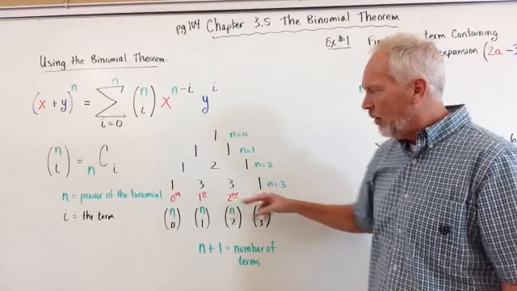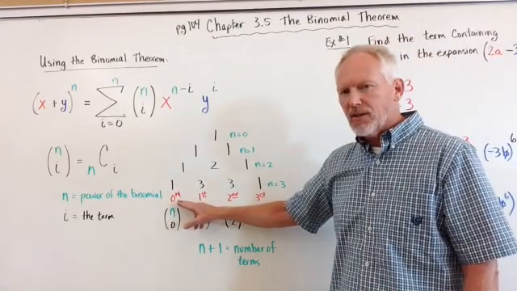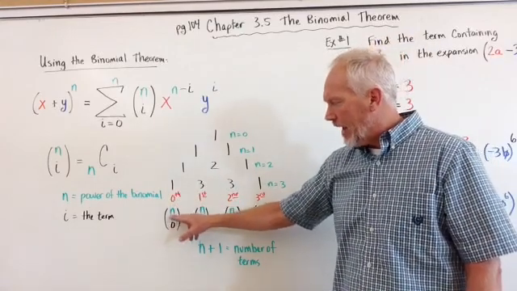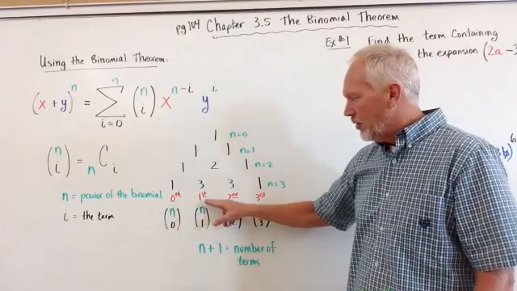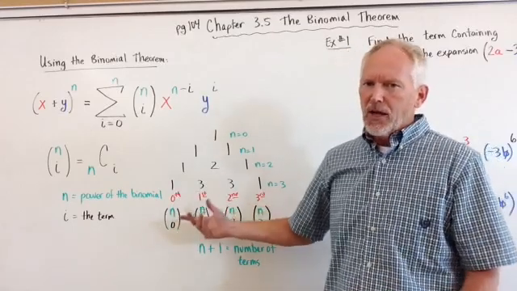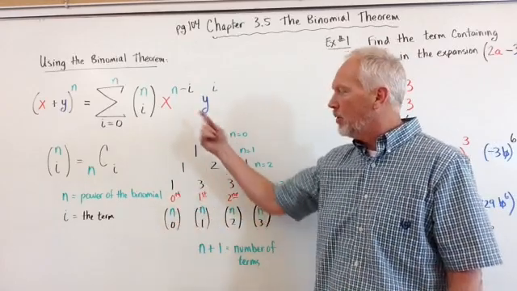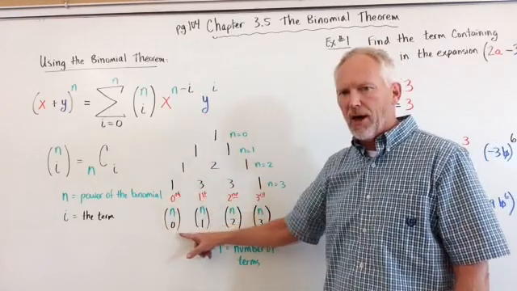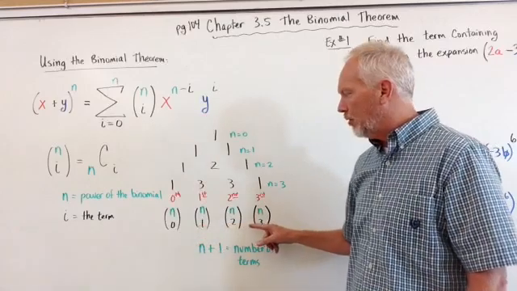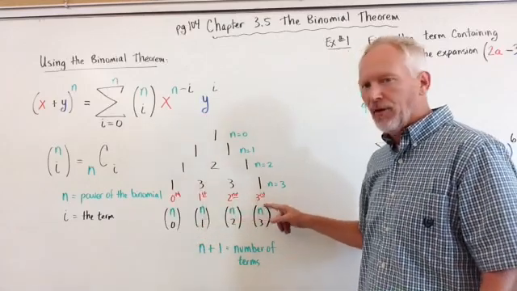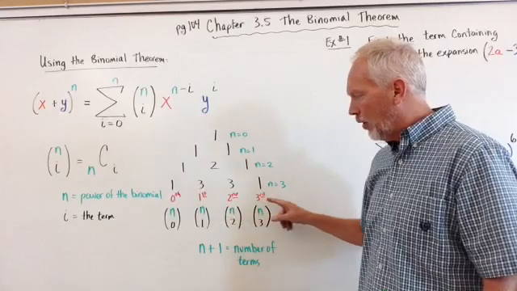Okay? Now, just to be clear, this is the 0th term. This is n choose 0. So this would be the first term. Technically not the first term, but when we're going to use the binomial theorem, these are the values 0, 1, 2, 3. So second and third in this order.